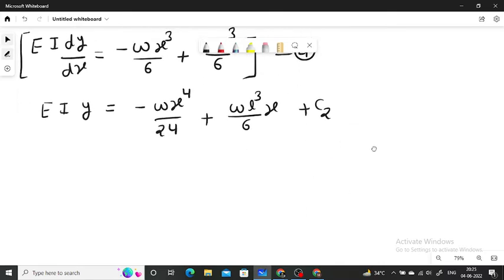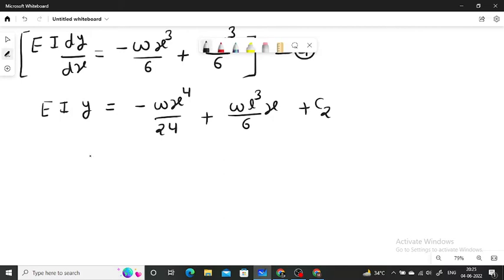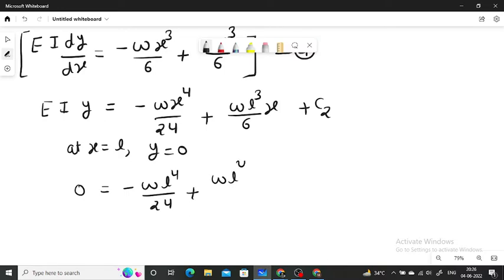Now for determining the integration constant, applying the end condition at x is equal to L, y is equal to 0. So 0 is equal to minus WL to the power 4 upon 24 plus WL to the power 4 upon 6 plus C2.